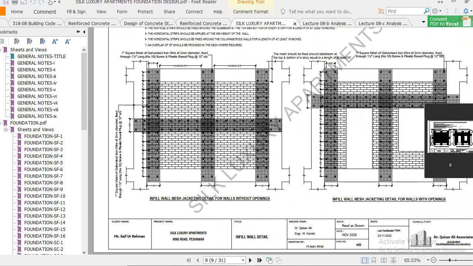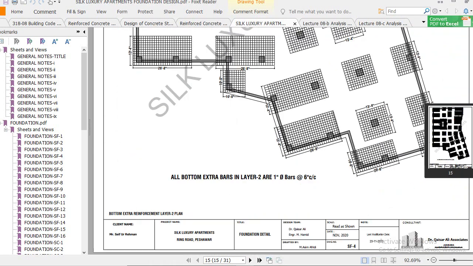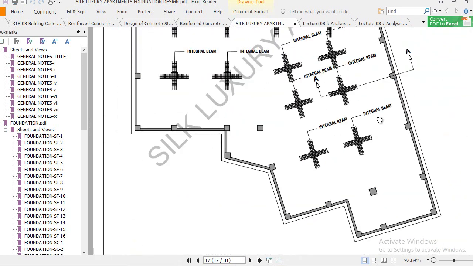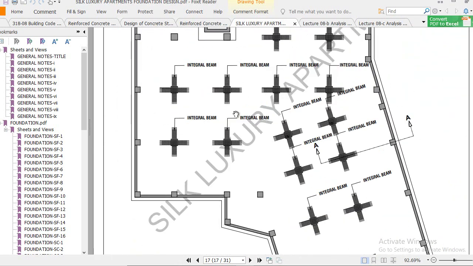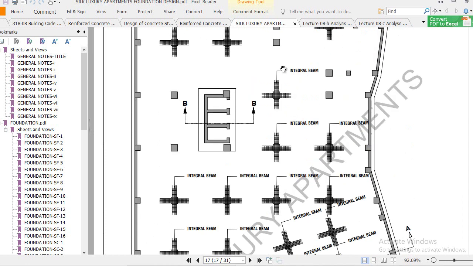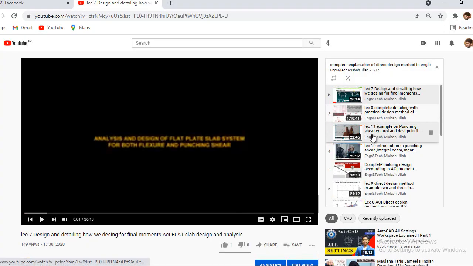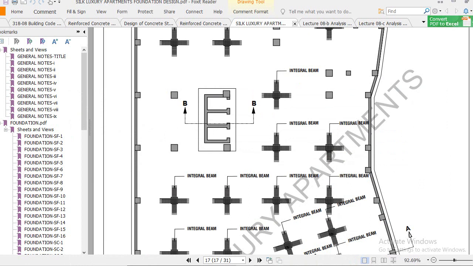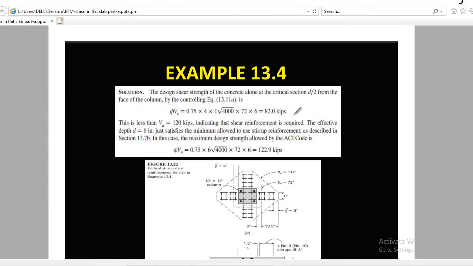If you have such a heavy structure, punching shear governs in the interior columns, and there is an enormous amount of punching shear. So how do you control it in such a situation? You have to provide integral beams, and you must be able to design an integral beam. I thoroughly explained this in lecture number 11 and lecture number 10, so go there and watch those lectures.